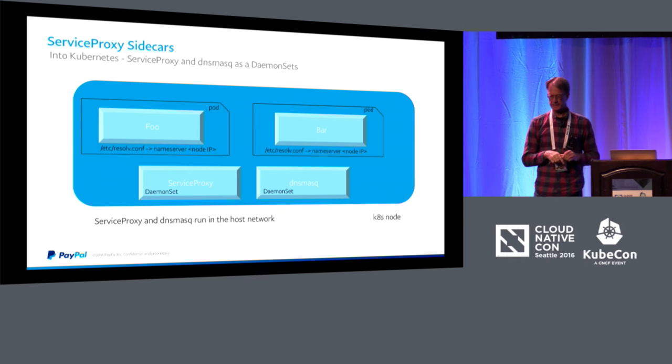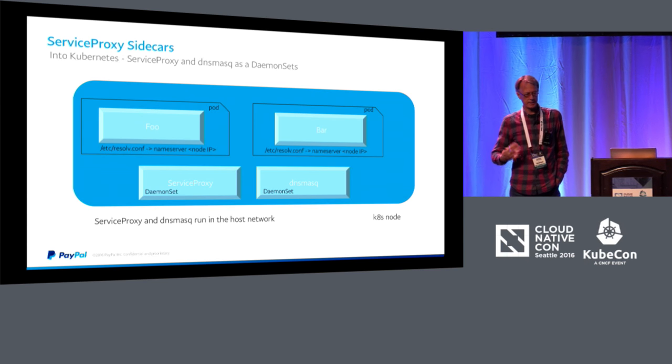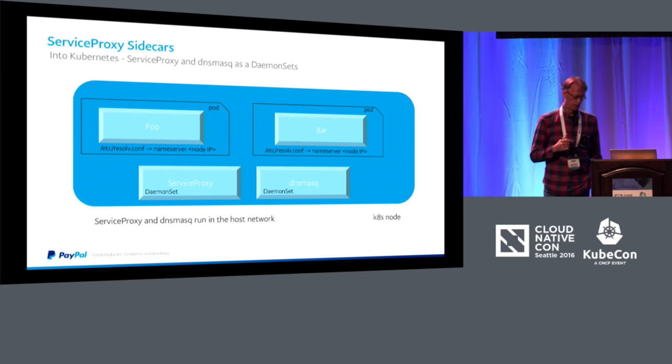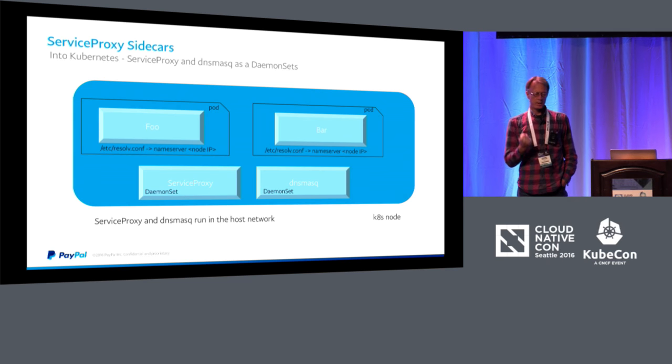Daemon set with a capital D is a Kubernetes thing whereby you can get a pod to run on a per node basis. Useful for things that need to run as classic daemons on a host. I need one of these things running on every host. It's the standard Unix daemon model. So you pull service proxy out of the pod, put it on the node, run it in the host namespace.